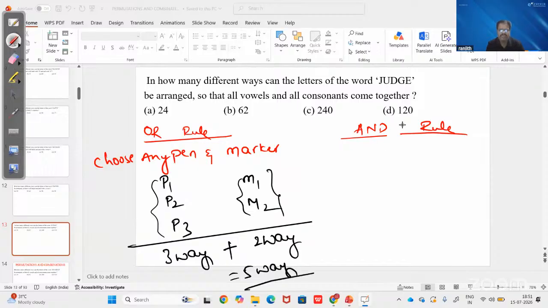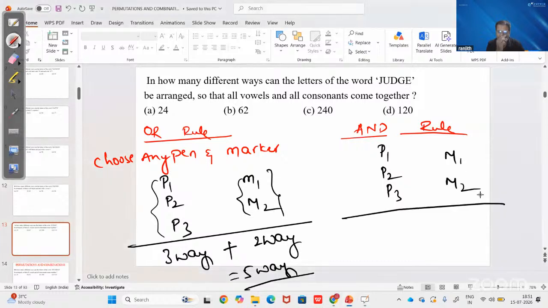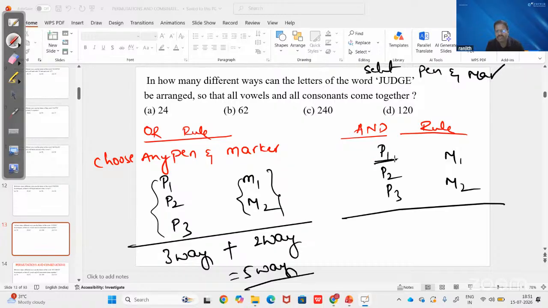Next, the AND rule. Here also 3 pens, P1, P2, P3, and markers M1, M2. Here he has to select a pen as well as a marker. After selecting the P1 pen, he can select the M1 marker, or the M2 marker.